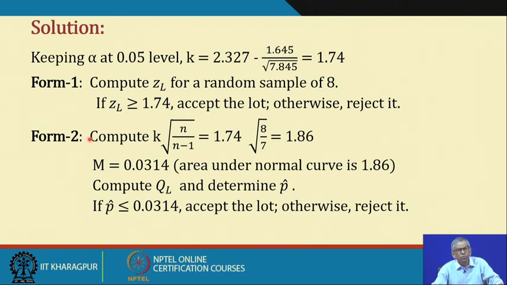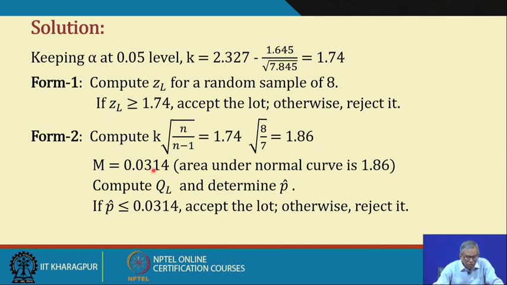If you move to form 2, what you need to do? First you compute the expression of small k into root over n by n minus 1. The value of k is 1.74, the value of n is 8. So, the value of this expression is 1.86 for the given problem.